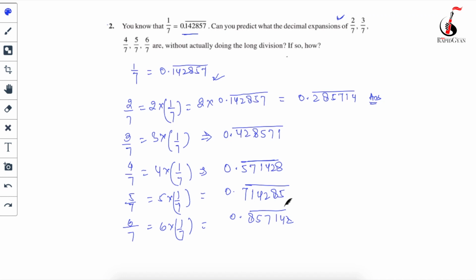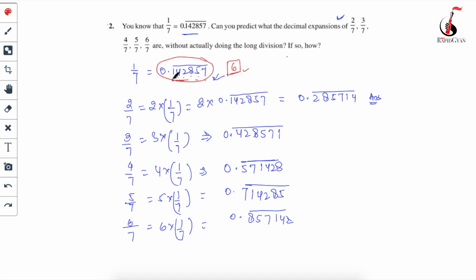One thing in this question you will have to keep in mind: whenever you are doing the multiplication, you have to check how many digits are there in this repetition string. So how many digits are there? 1, 2, 3, 4, 5, 6. So there are 6 digits. Just remember one thing, whenever you divide a rational number and the division is non-terminating and repeating, the repetition string will have some number of digits.